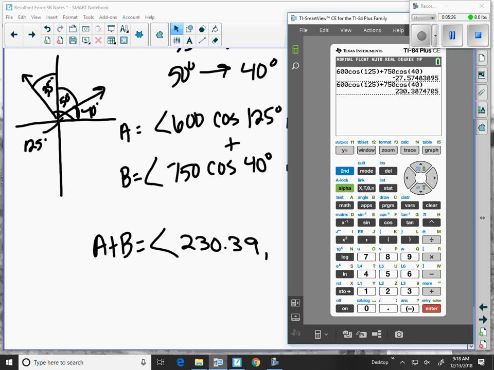Okay, and then our second one would be 600 sine 125 plus 750 sine 40. The way that I kind of think about it is when you're adding them, you're adding the cosines together and you're adding the sines together. Kind of a way to think about it.